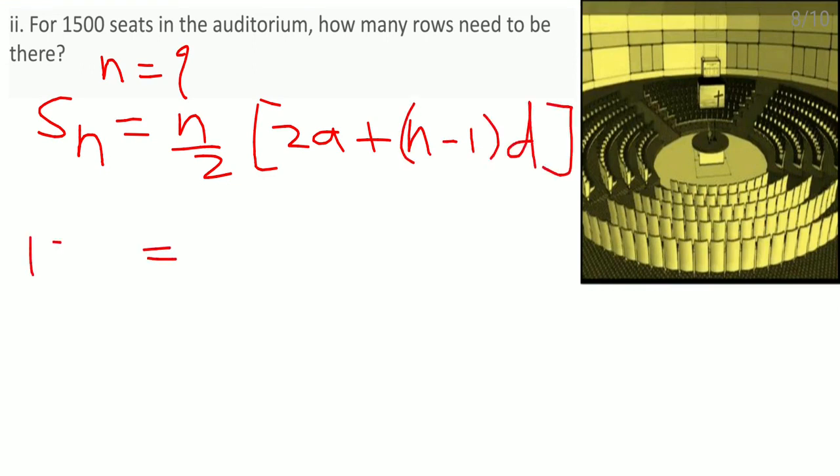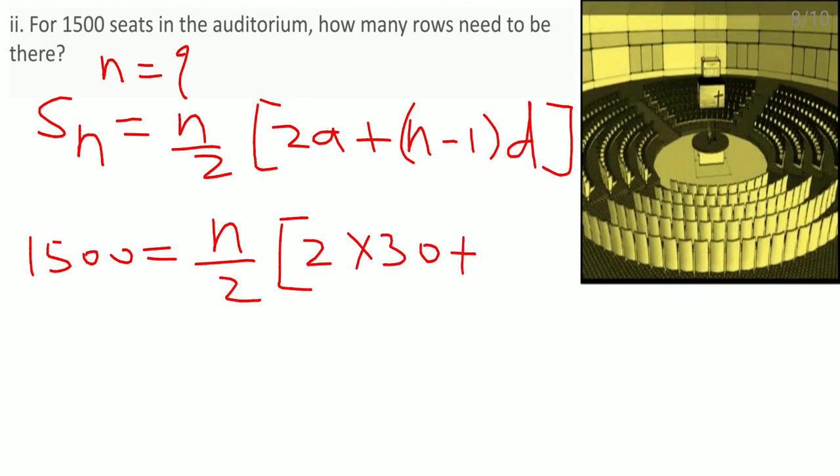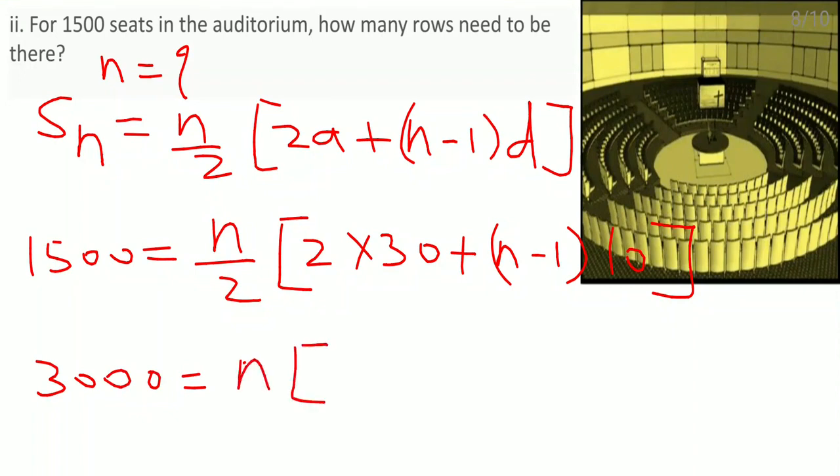So here 1500 seats are there, total number of seats, and we don't know n, divided by 2. Value of a is 30 plus n minus 1 into here 10. So this 2 will go this side, it will become 3000, which is equal to n in the bracket. This is 60 plus 10 into n is 10n minus 10.